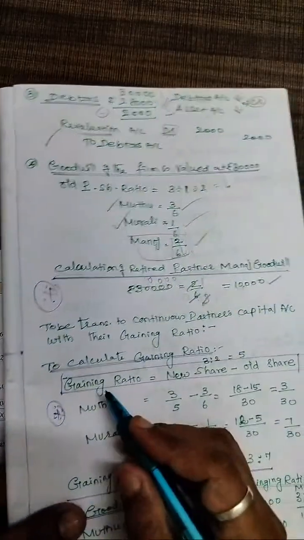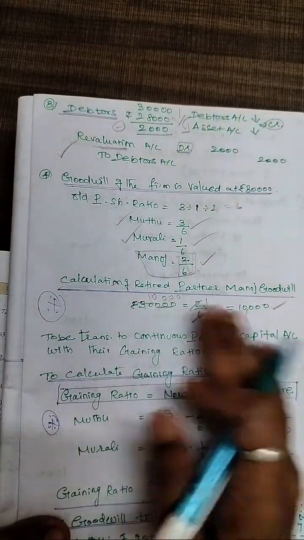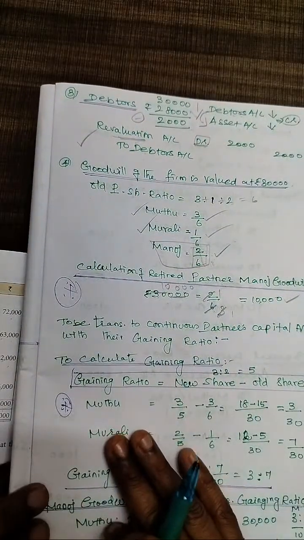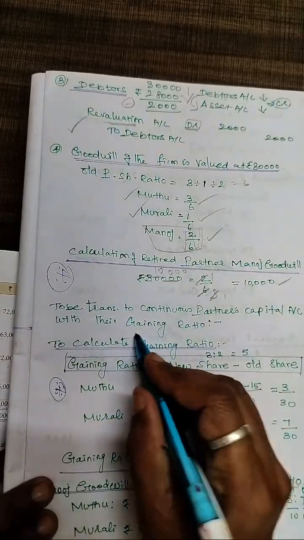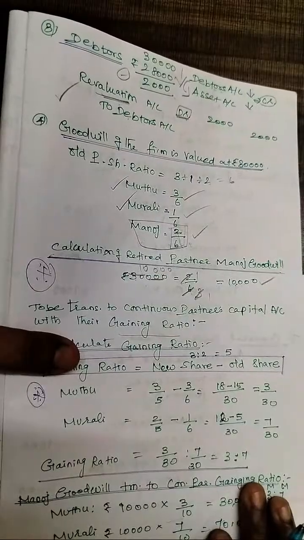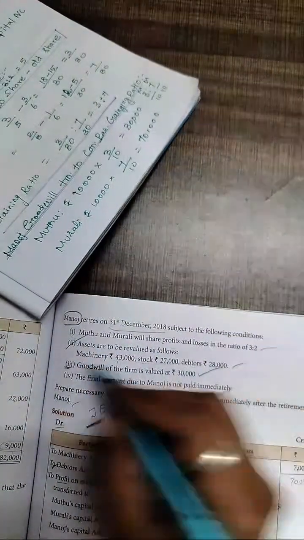If the new profit sharing ratio is not given in the question, we consider the old profit sharing ratio as the gaining ratio.